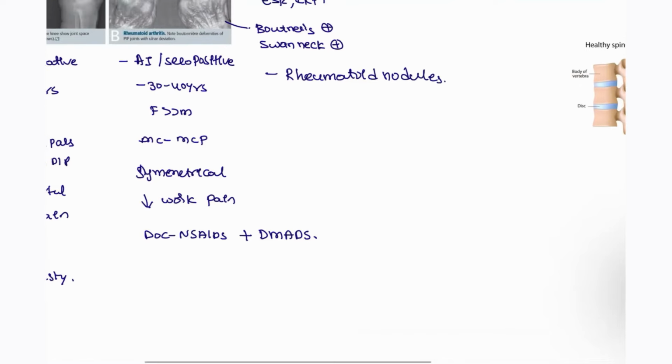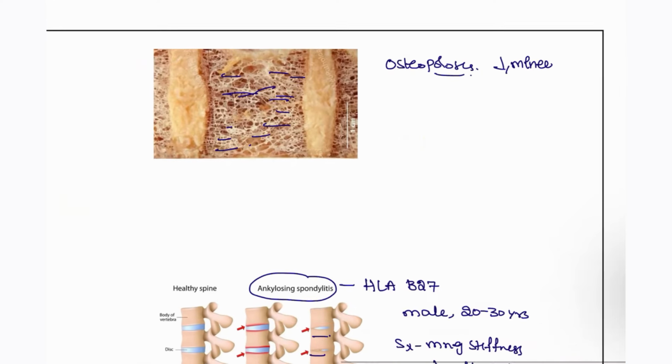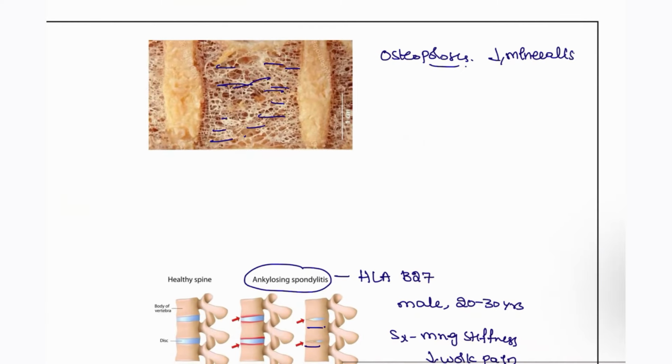Next, osteoporosis. This is the condition, osteoporosis. What happens in the patients of osteoporosis, guys? Here you can see this is due to destruction of the minerals. Okay, when there is decreased mineralization, this is how the bone will be seen in this patient.